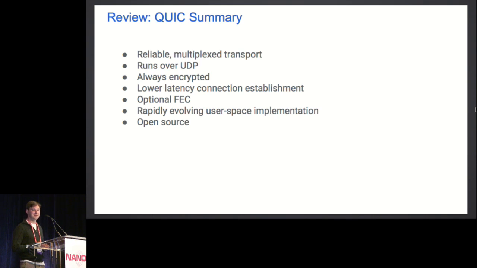But most importantly, the one thing I skipped over, of course, intentionally, was that it is designed to be lower latency for users. It's really designed to improve user experience, make the user experience more reliable, faster, and just generally make the web work better.